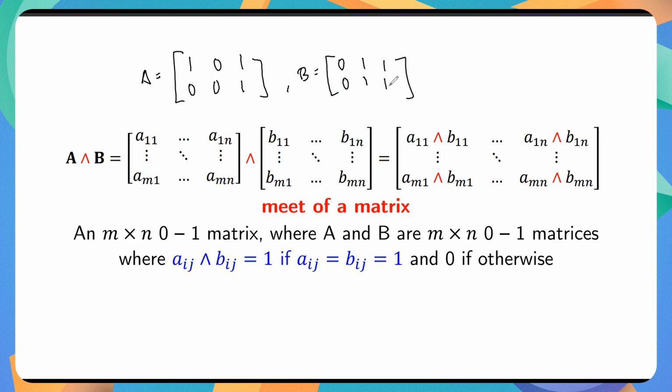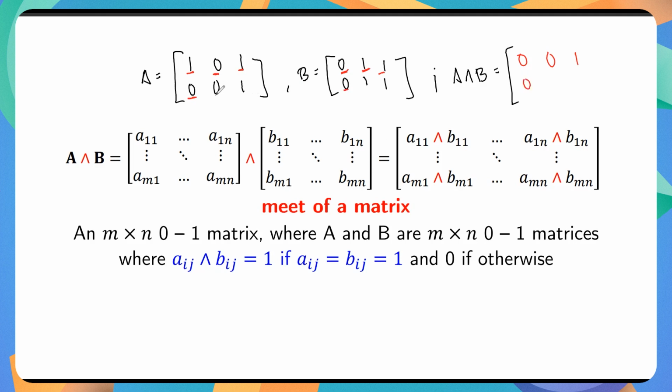Taking the meet of the matrices would give us 1 and 0, so that becomes 0. 0 and 1 is 0. 1 and 1, think of it as true and true, so that's true or 1. 0 and 0 is 0, like saying false and false.